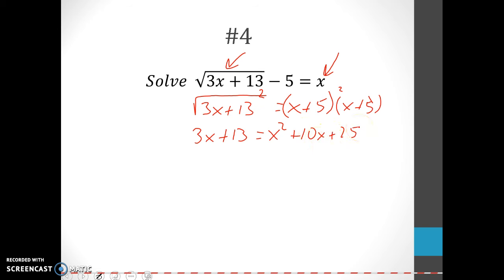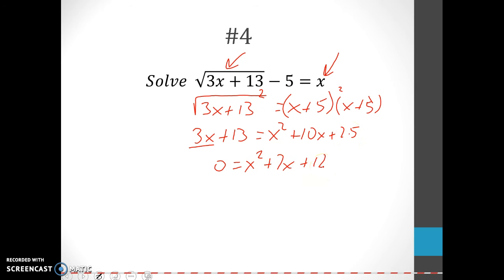And so now I want to get everything on one side of the equation so it's equal to 0. I'm going to do that by moving everything to the right-hand side. So over here I'll have 0. Over here to the right I'm going to have an x squared, but then I'm going to have 10x minus this 3x, which is 7x, and 25 minus this 13, which is 12.